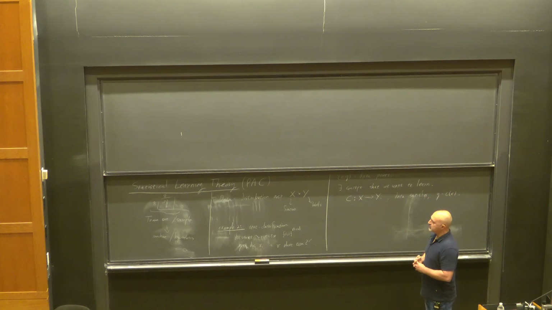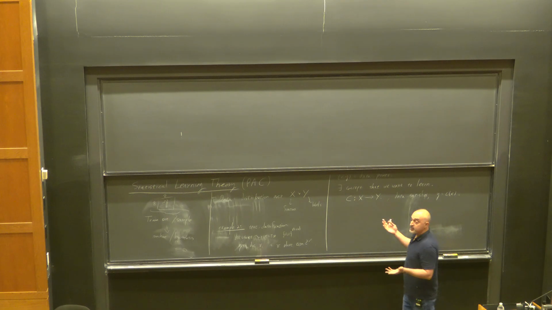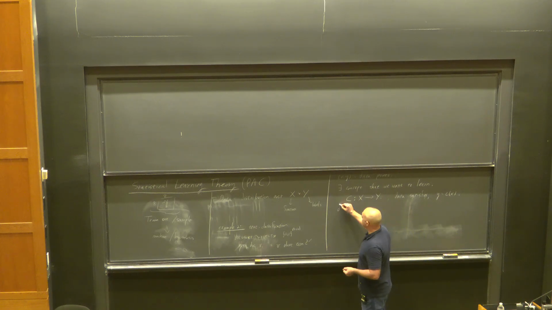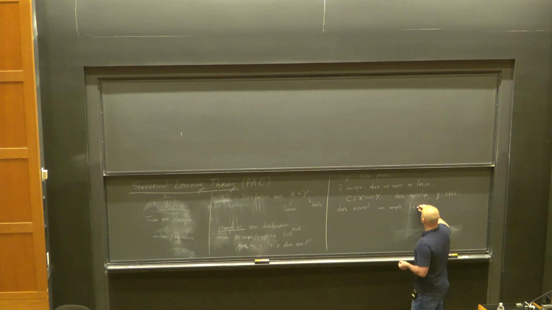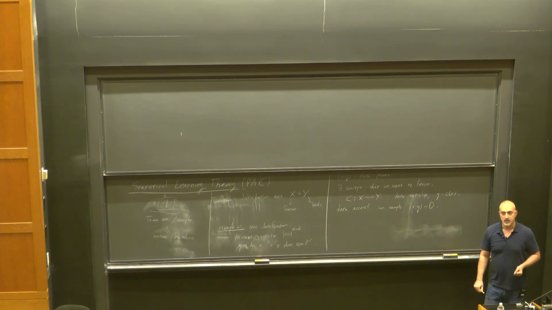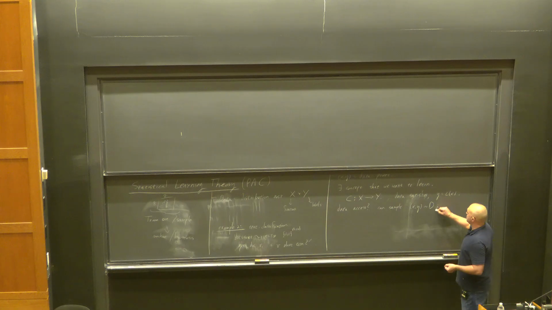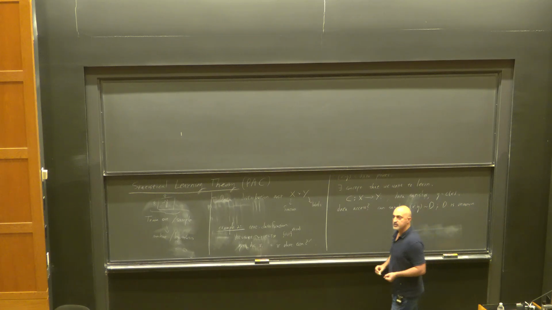Now, so these are the main constructs. How do we access the data? So that's also important, data access. We can sample x, y from the distribution. The distribution is unknown, and it can be completely arbitrary.